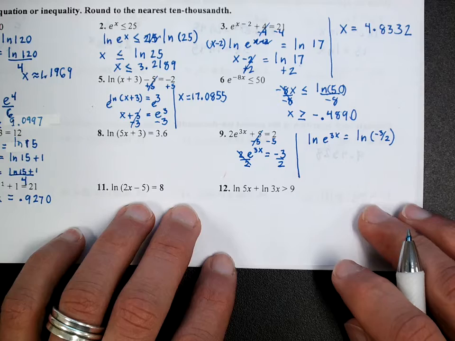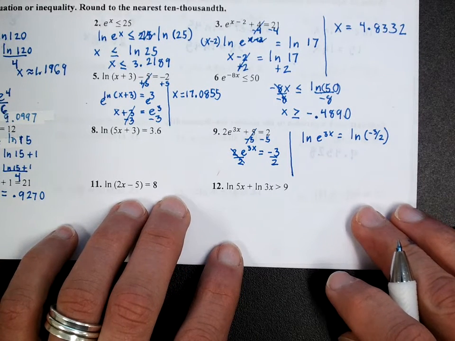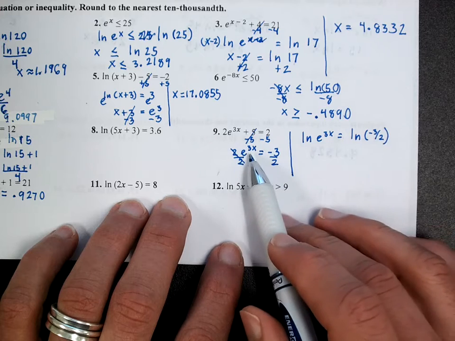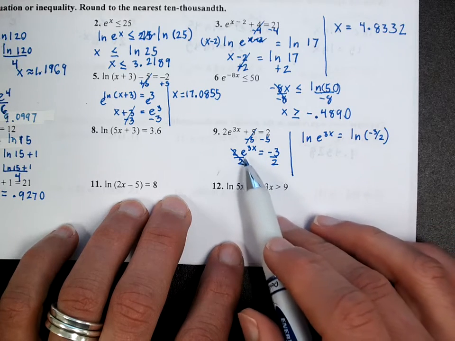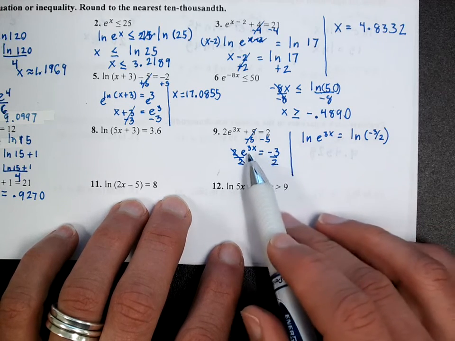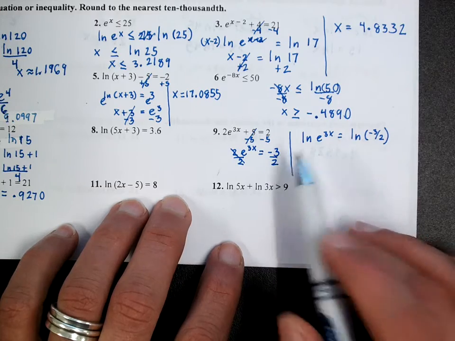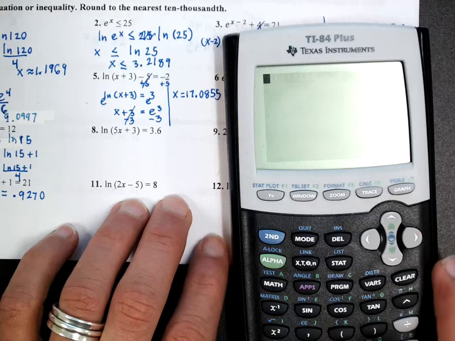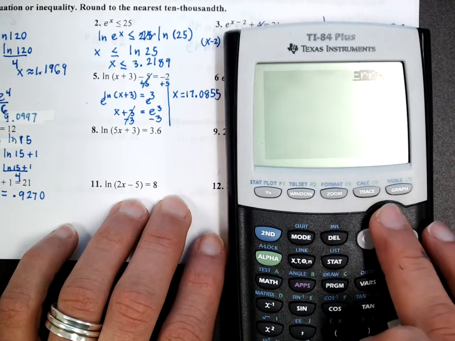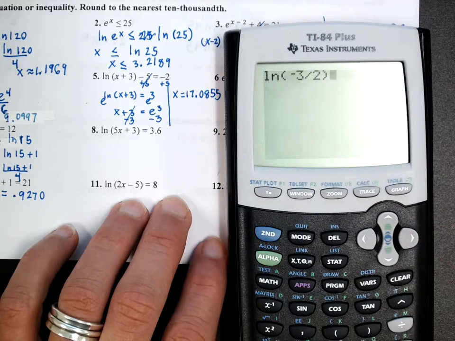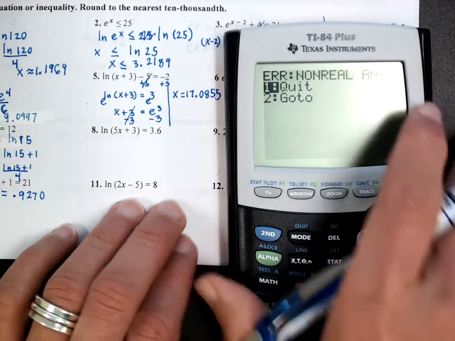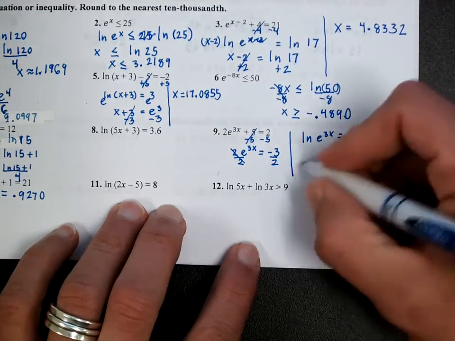Now, on a problem like this, assuming I did everything correctly, and I did, I should have noticed this right here is never going to happen. You're never going to have a negative number here, and you can see that because when I try to put the natural log of negative 3/2, it gives me an error. So again, you cannot take the natural log of a negative, so therefore this is no solution.